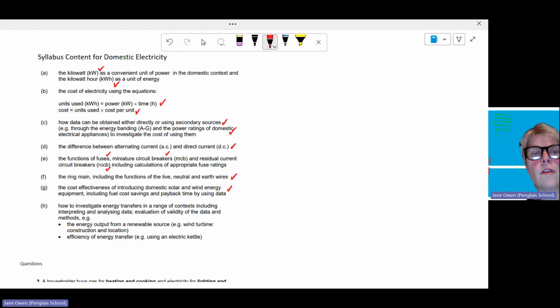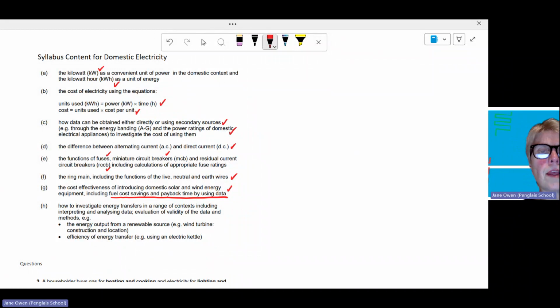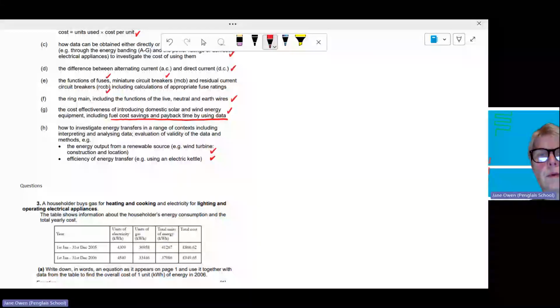Now, what I want to do though, is look at the fuel cost savings and the payback time using the data by looking at a particular question. We've looked at, in context, efficiency and energy outputs.